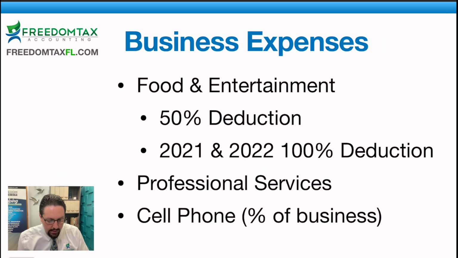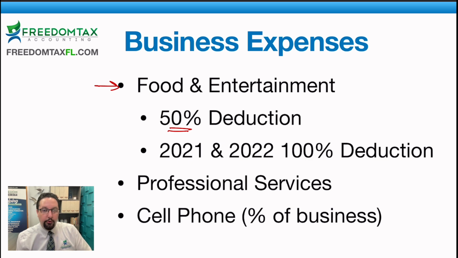Okay? Now, other examples of business expenses for real estate agents are food and entertainment. There are a couple of changes here that you have to be aware of. Usually the regular rule for food and entertainment is that if you go out on a business dinner or business lunch, or you buy meals for your clients, you can only take a 50% deduction.